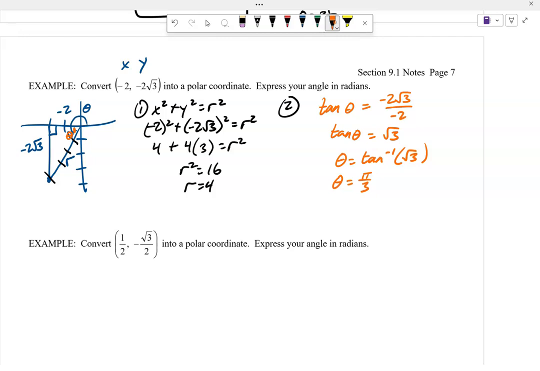Or if you're thinking about where does the sine over the cosine equal root 3, then you'd have to have the sine being root 3 over 2 and the cosine being a half. Well, that happens at pi thirds, right? So the arctangent of root 3, pi thirds. Now, pi thirds is only 60 degrees. All right, we don't want, oops, what is this thing?